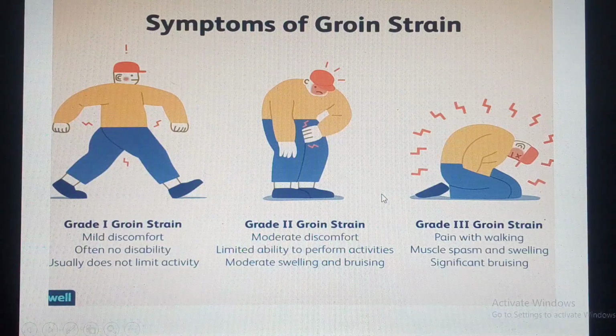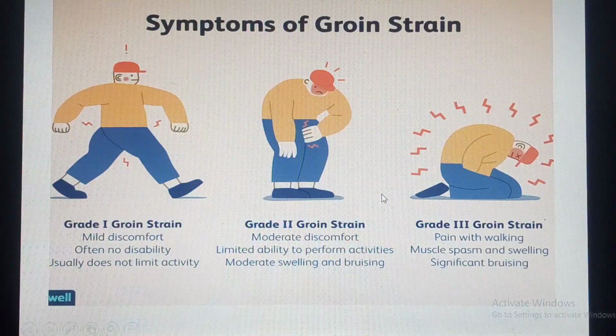But the hamstring part, or the vertical part, will be supplied by the tibial branch of the sciatic nerve, coming from L4 to S3. So it means that it's also a hybrid muscle. That's one thing that we have to appreciate.